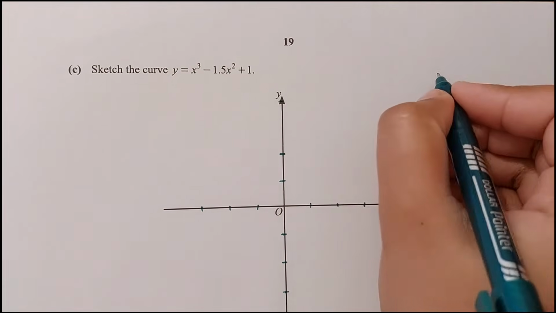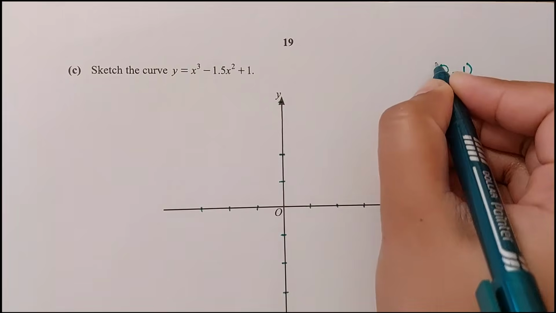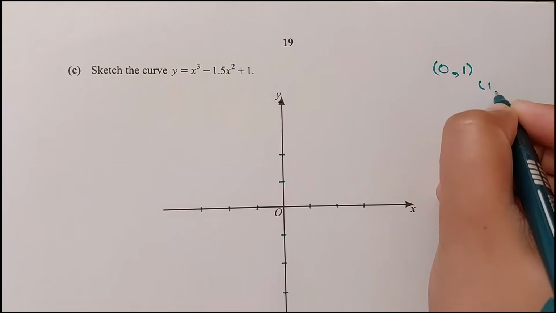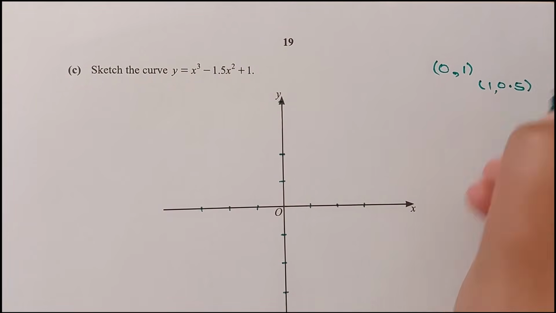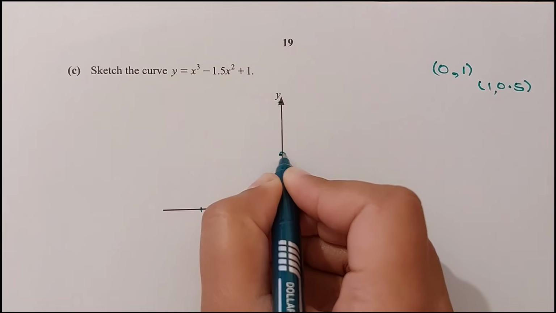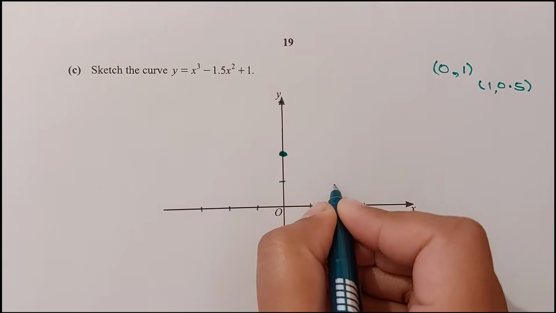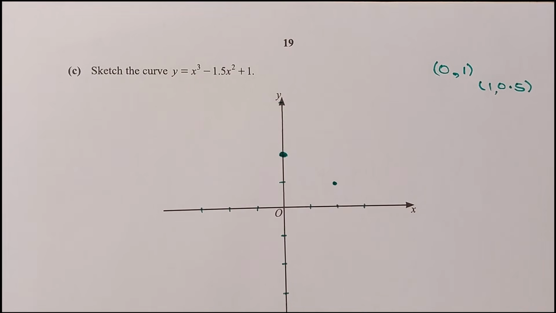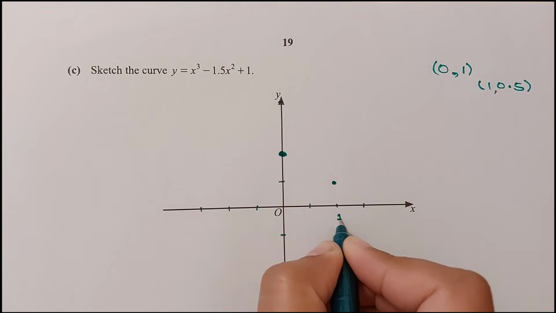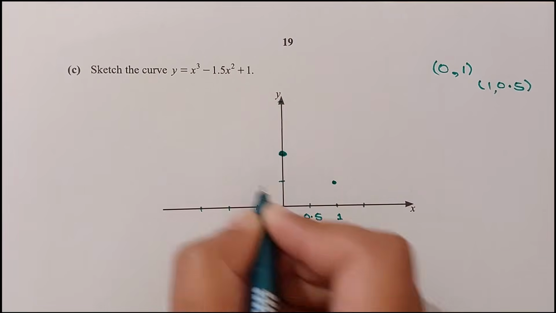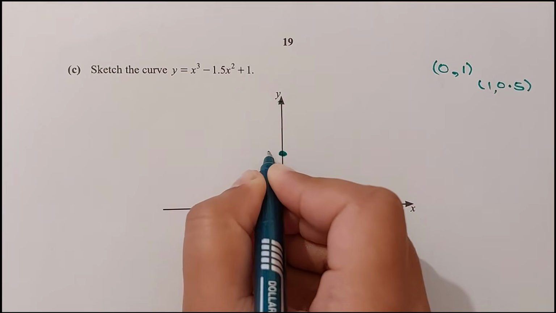So we have the stationary points 0, 1 and 1, 0.5. When x is 0, y is 1, this is a turning point of the curve, and when x is 1, y is 0.5, this is another turning point for the curve.